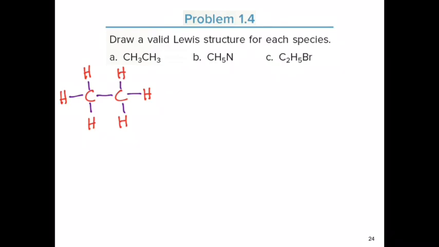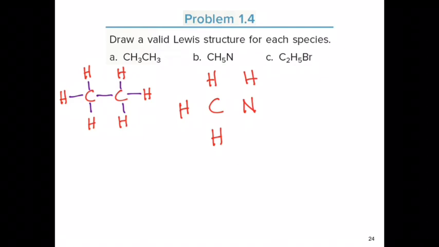So again, we're going to arrange the atoms, and both carbon and nitrogen are going to be central atoms. And then we're going to arrange the terminal atoms outside, surrounding the central atoms.